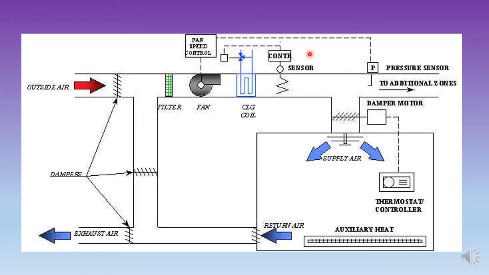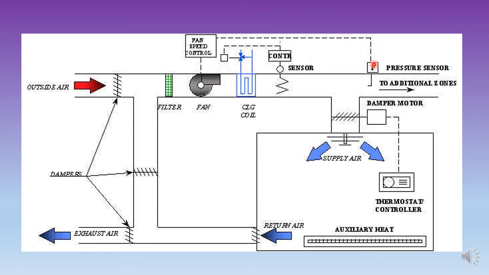And of course, if it is automatic, we must have sensors. Alright, and this is the control to see the cooling coil temperature, whether it meets the requirement or the set temperature. This is the control for the fan, to control the speed of the fan.